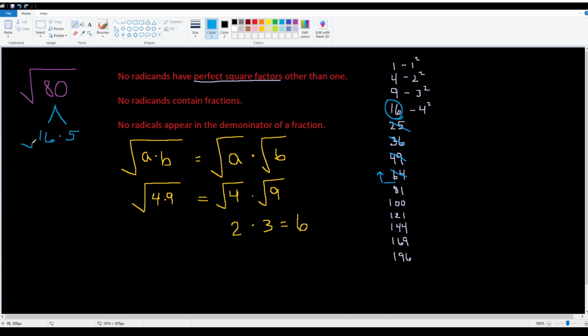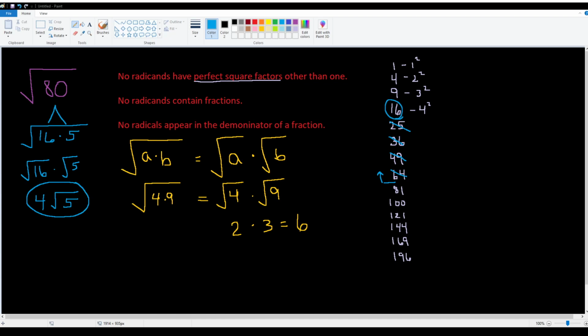So now I have the square root of 16 times 5, and based on what we did here, I can just rewrite it as the square root of 16 times the square root of 5. But we know that the square root of 16 is going to be 4. So now we are just left with 4 square root of 5. That is going to be my final answer.